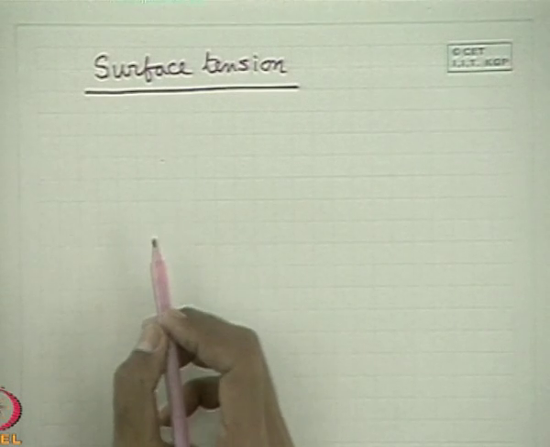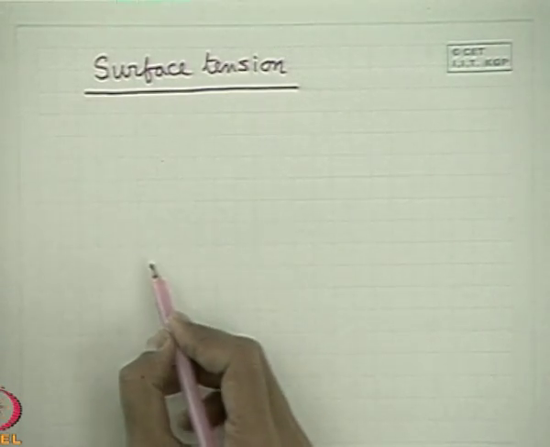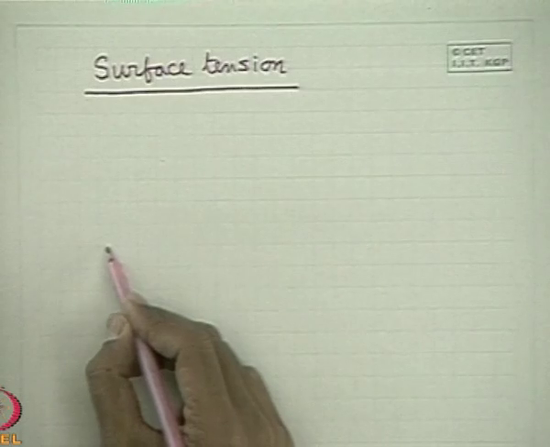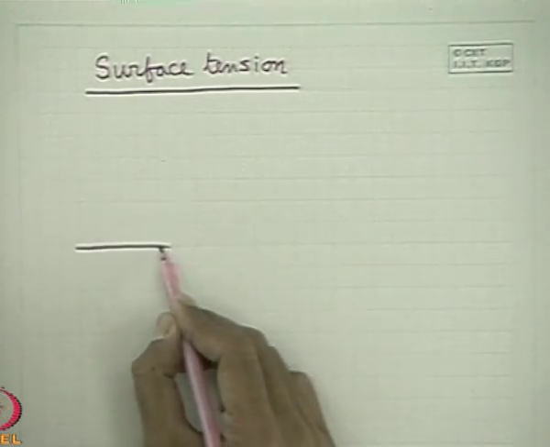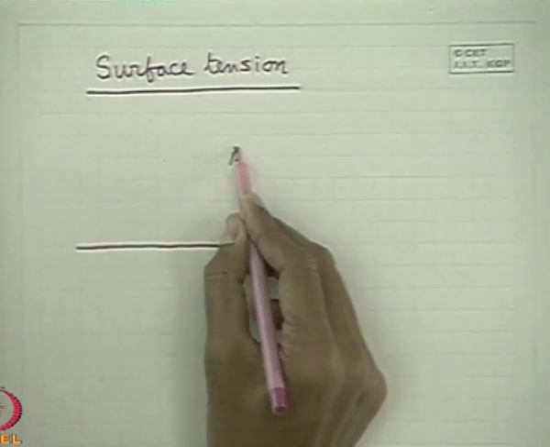For gases also it depends upon the thermodynamic state, that is the pressure and temperature, as you know. Now this molecular cohesive force creates or defines a property, surface tension, in a fluid. Let us see how. Let us consider a bulk of liquid which is separated from air at the top.